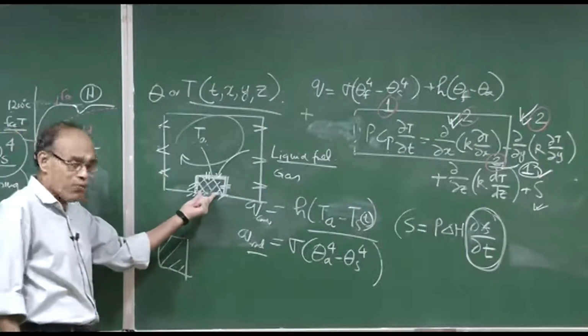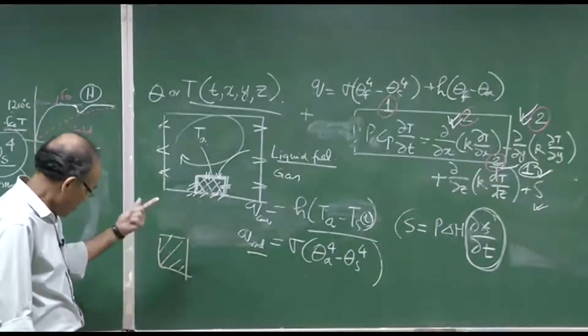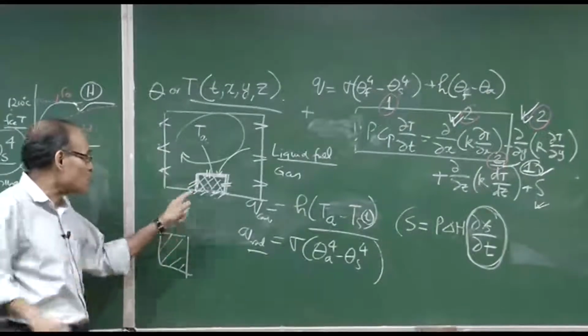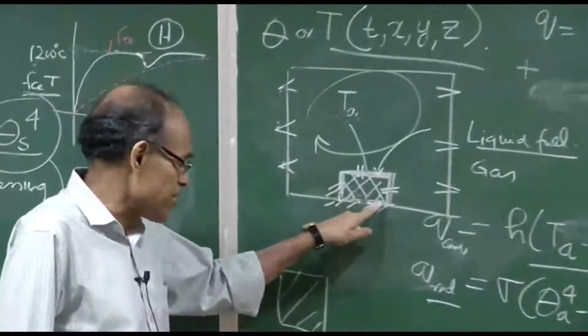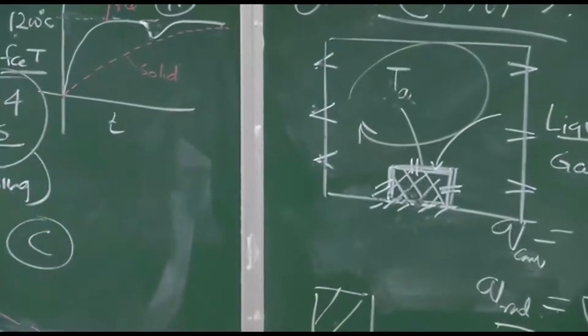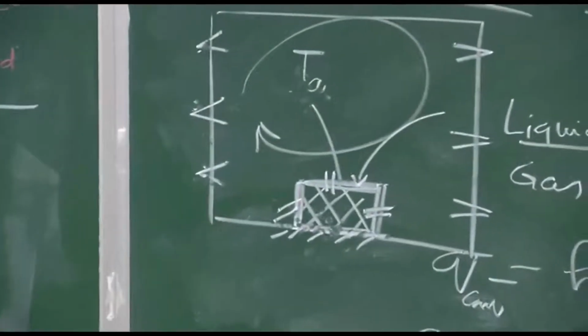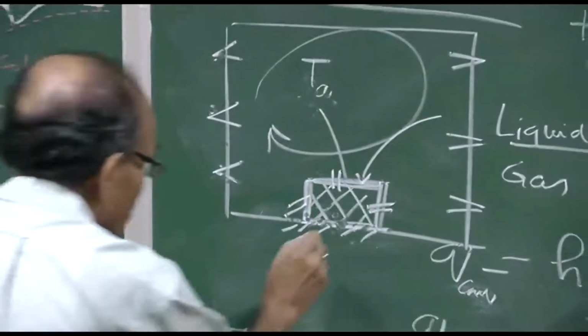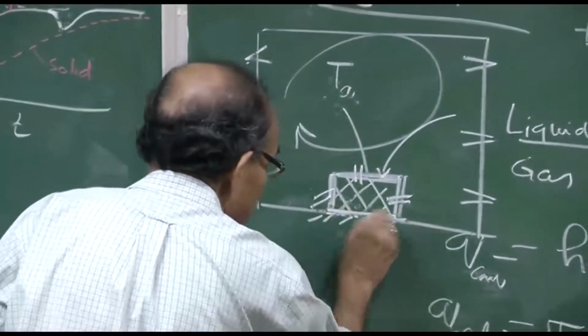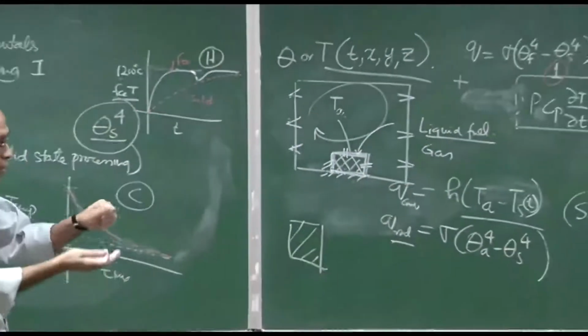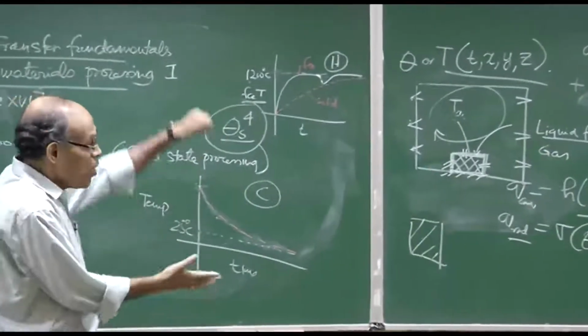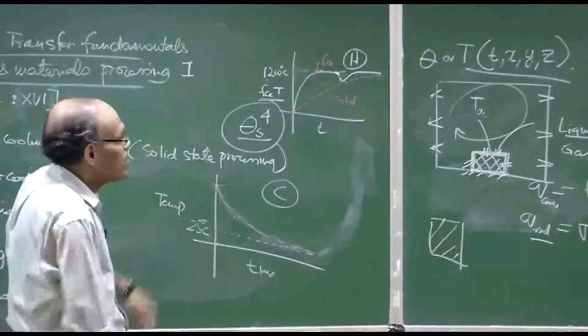Either you can take a constant surface temperature, which is very simple, or you can accommodate the surface contact thermal resistance into the calculation scheme, and you have to know the interfacial contact resistance between the two surfaces. One is the ingot, the other is the refractory surface.